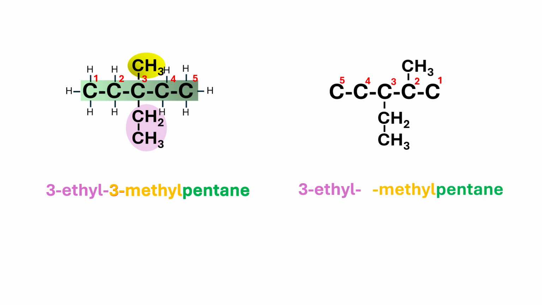So there's your number 1, 2, 3, 4, 5, and 3-ethyl stays the same, but the methyl comes off the 2nd carbon, so it is called 3-ethyl, 2-methyl, pentane. So having more carbon in the side chain doesn't mean it gets prioritized and written at the front. It is going by the alphabetical order, which I'm going to cover a little bit later, so hang in there.